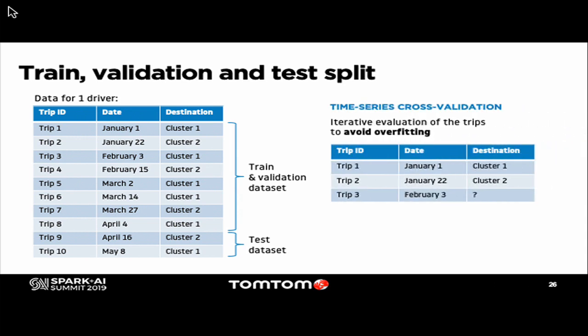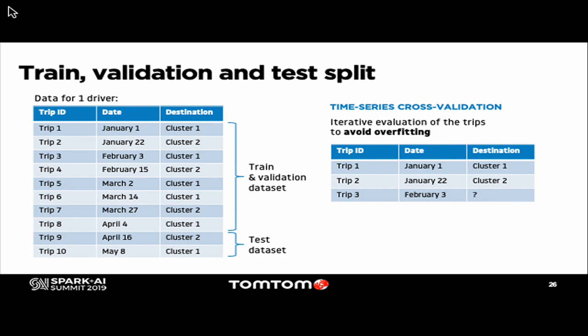So what we do is, because this is also the most real life way of how the model will be implemented, because it's going to be an onboard navigation model, we have a classifier, let's say a random forest, with certain parameters, and we train it on trip 1 and trip 2. And then we say, okay, being fitted on these 2 data points, can you predict trip 3?